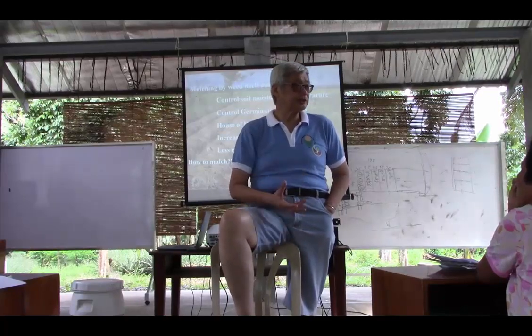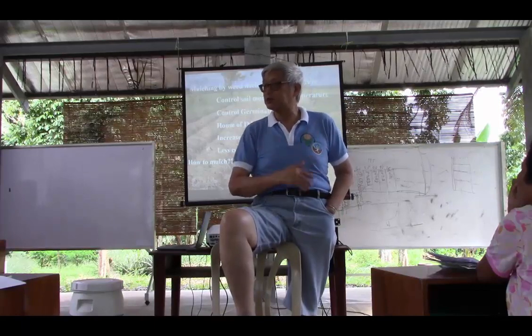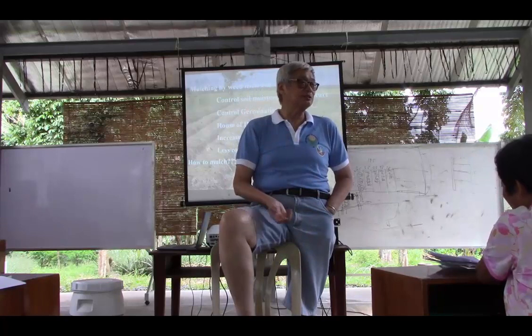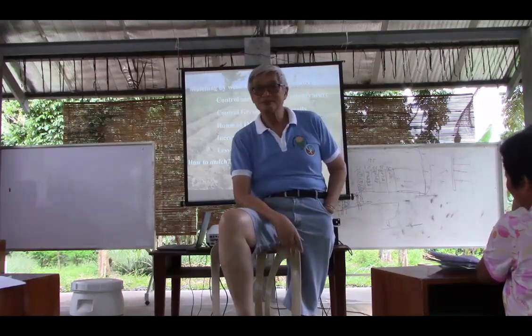So it's useless to keep on adding organic matters if you don't stop soil erosion. You will always return to level 1. You will never increase to level 2 if you don't stop soil erosion.